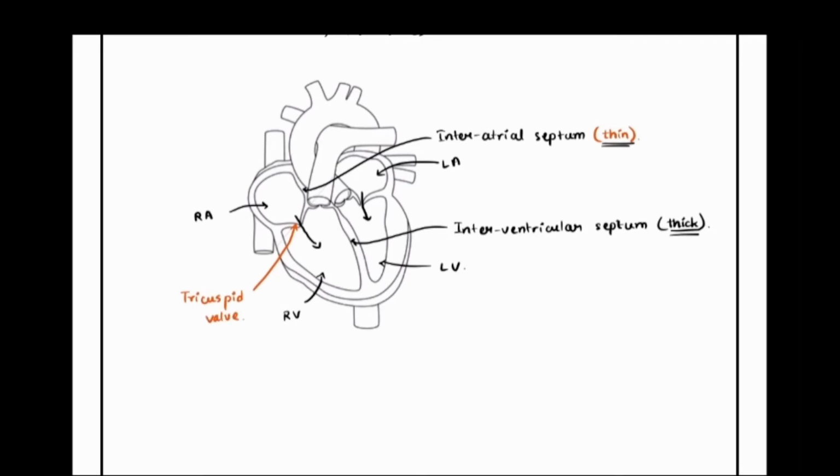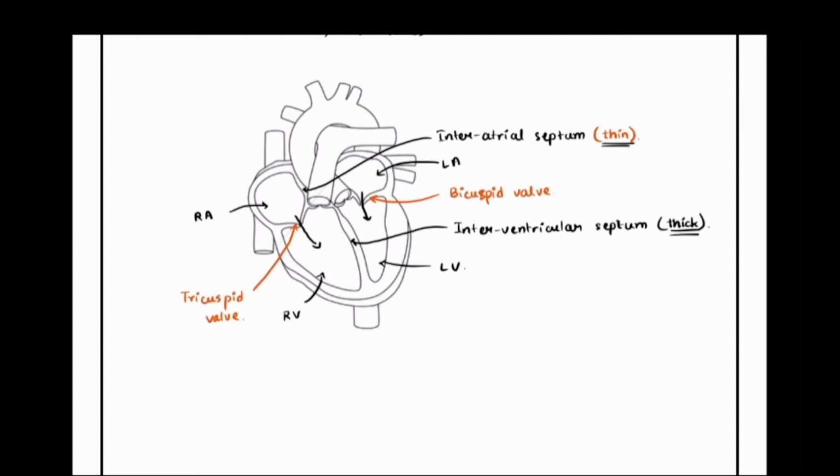And similarly, for the left atrium and the left ventricle, we have the bicuspid valve. Okay, so now talking about the names, that is the tricuspid and the bicuspid.